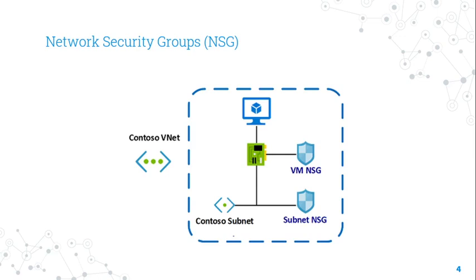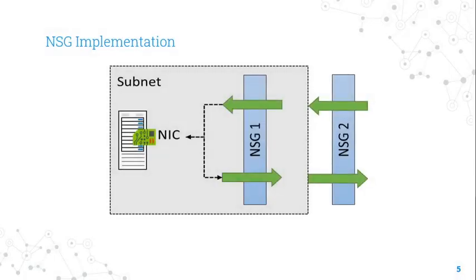Network security groups help provide advanced security for the VMs you create via either deployment model. NSGs control inbound and outbound traffic passing through a network adapter, a VM, or a subnet. For inbound traffic, the subnet NSG is evaluated first.